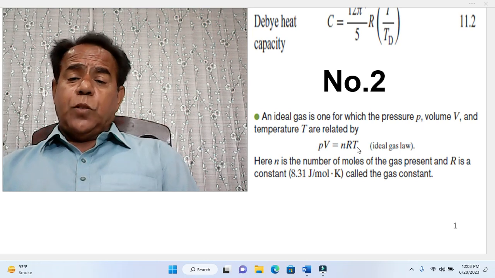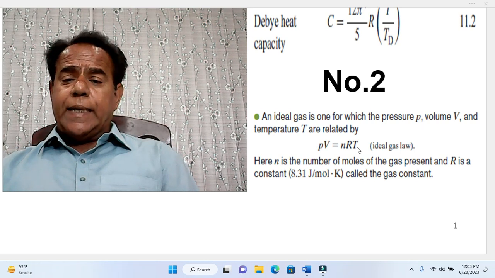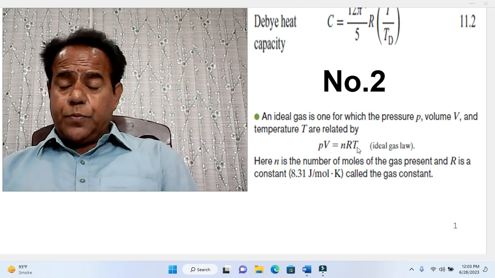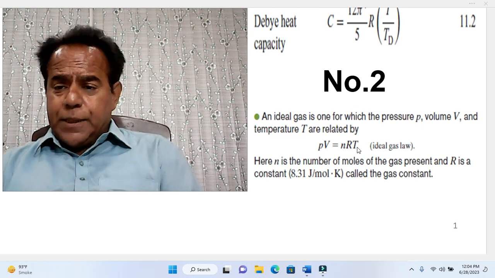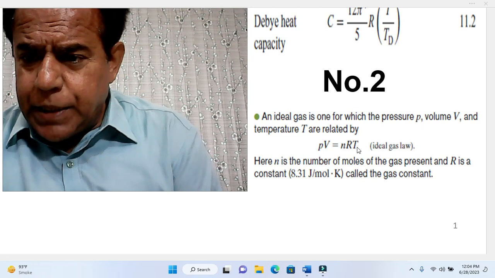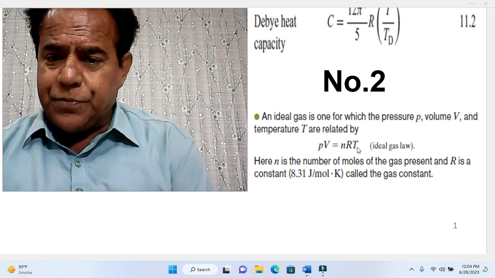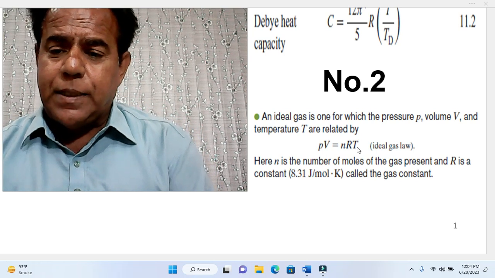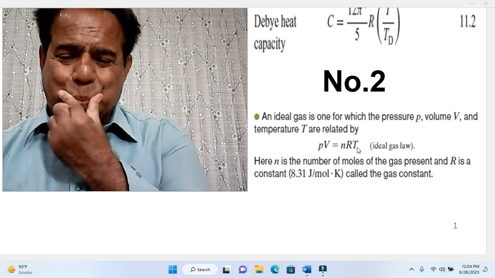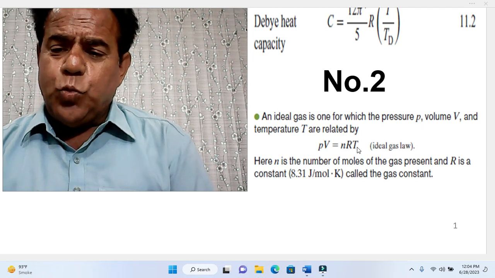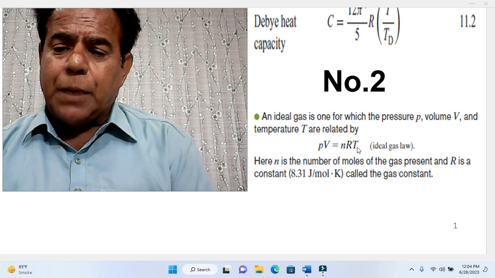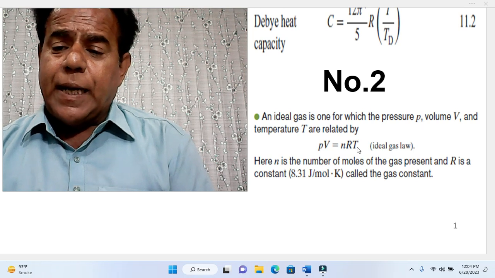Tool number 2 says an ideal gas is one for which the pressure P, volume V, and temperature T are related by PV = nRT, the ideal gas law.